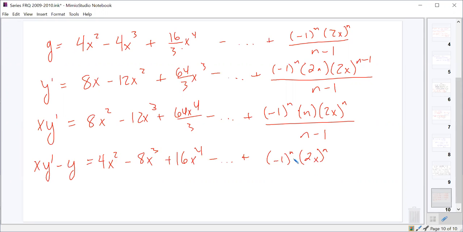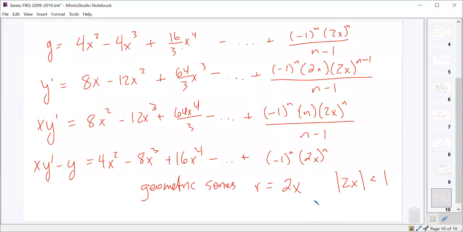And what do you know about this series? What kind of series? This is a geometric series, with a common ratio equal to 2x. And so if the absolute value of 2x is less than 1, it should converge.